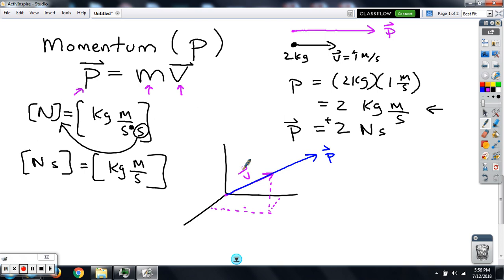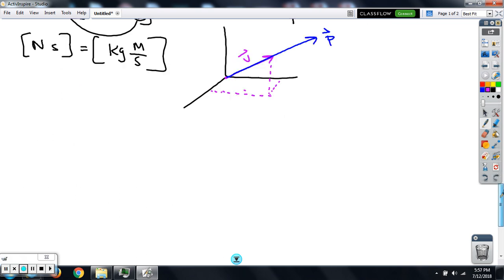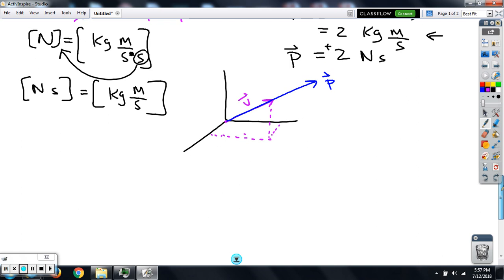The other thing you need to know to do these problems is something called impulse. Impulse is defined as the change in momentum. It's also given the symbol J, which is also a vector.